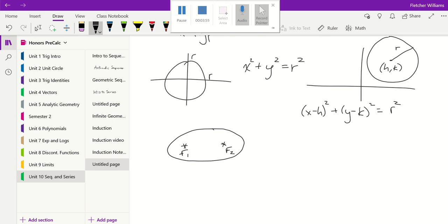So if you picked any point, if that's f1 and f2, and here's some point p on the ellipse, if you do this line and this line, then f1p plus f2p equals some constant. And what did we say the sum of the focal radii equals? What length does it end up coming out to?